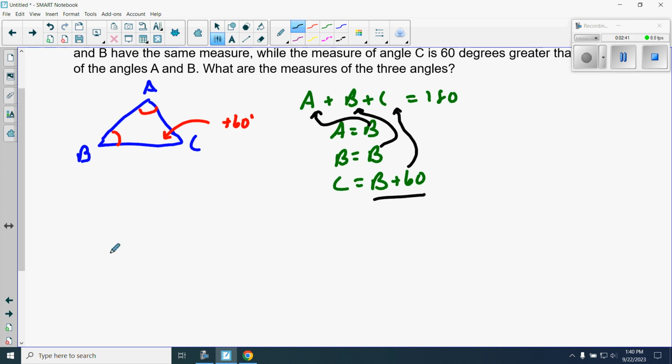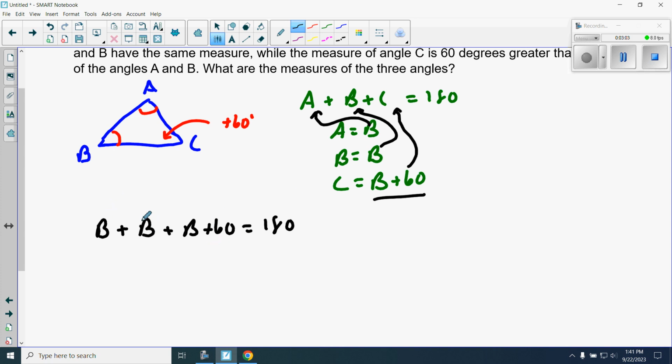I just got to plug this in real quick. What you're going to find is A, which we've called B because they're equal angles, plus B, which is also B, plus C, which is now B plus 60, is equal to 180. And now I've found my working equation. I don't have to worry about the English anymore. I can just concentrate on math.